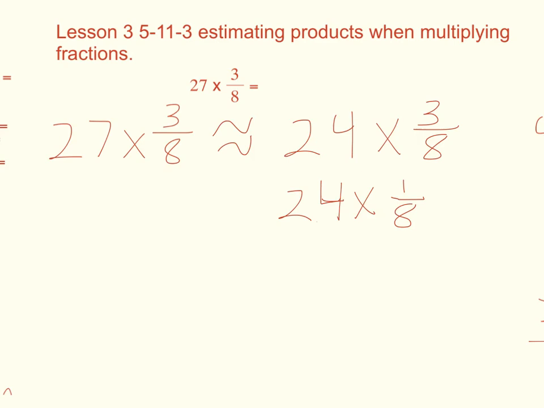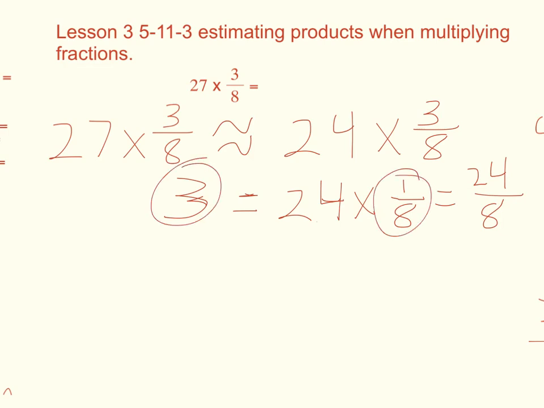And 24 times 1/8 equals 24/8, which equals 3. And I'm going to put the 3 over here. So if 1/8 equals 3, 3/8 will equal 9. So then we could say 27 times 3/8 is about 9.